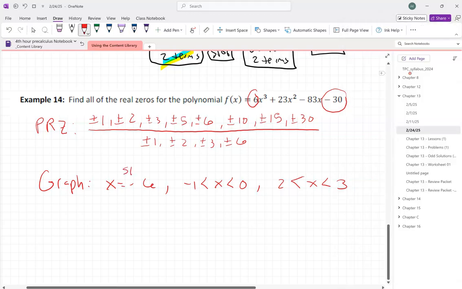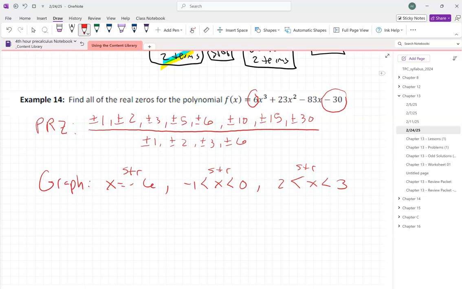What that's going to tell me is that each of these should have multiplicity 1 and really only be used one time in building out my factored form.